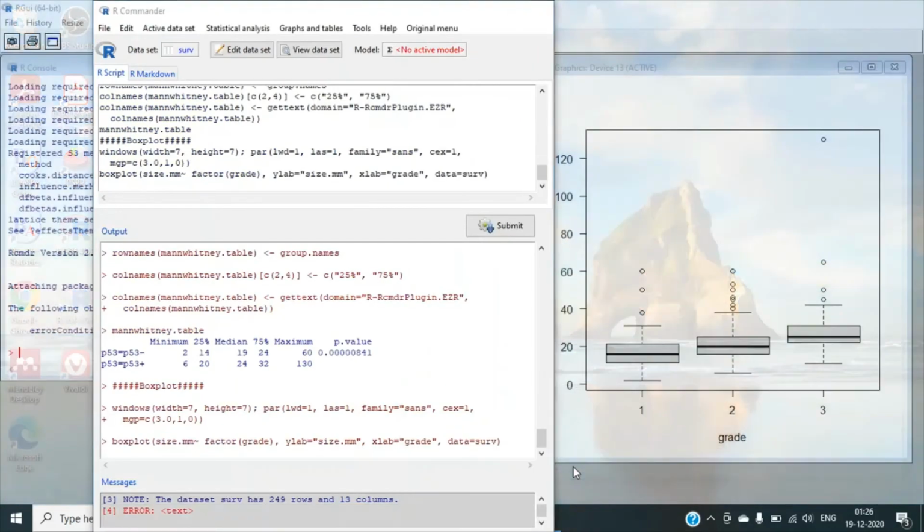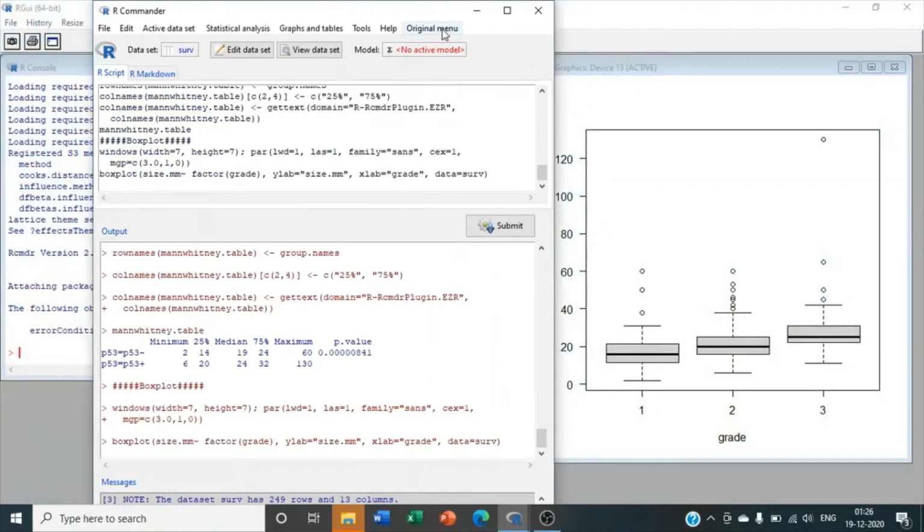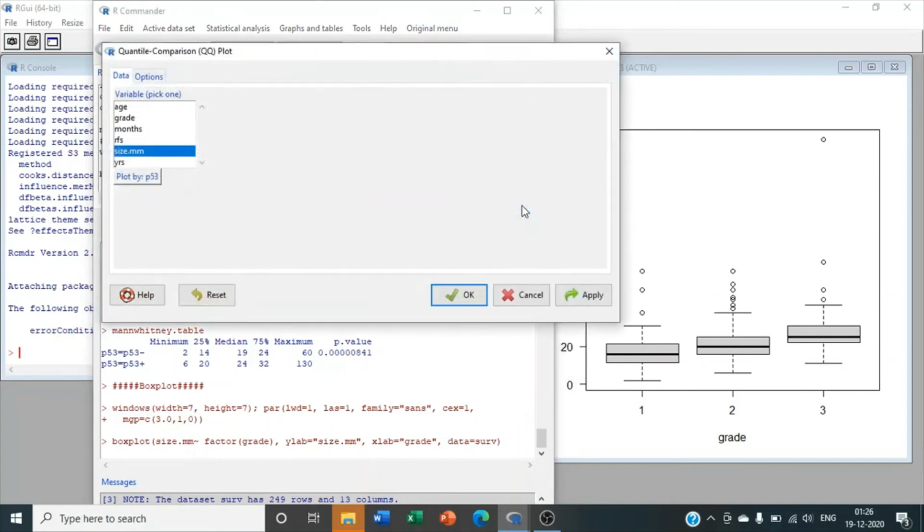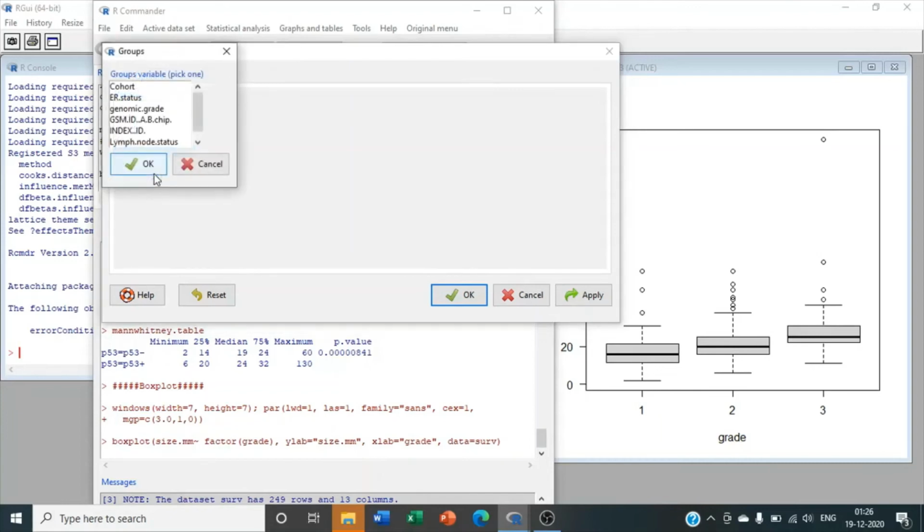In this case, we would have had two options. Of course, we can see whether the assumption of normality holds. We go to the original menu, graphs, quantile comparison plot, size, but when we see plot by, we do not get the grade over here.